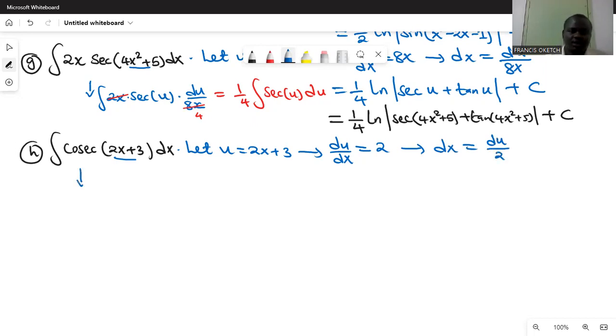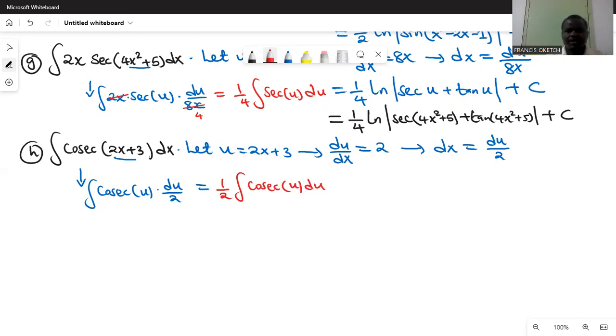So back to our integral, we are going to get the integral of cosec u times du over 2. And you see 1 over 2 is a constant. You can factor that out so that you get 1 over 2 times the integral of cosec u du.